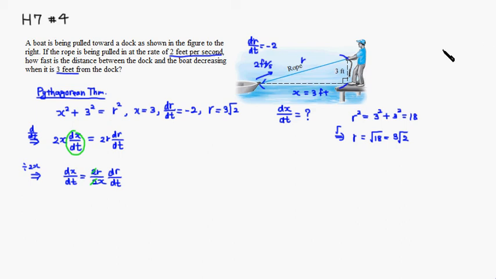Then plug in what we already know. r we just found to be 3 square root of 2 feet, divided by x, which is given to be 3, and dr over dt is -2. Then clean it up: the 3 and 3 cancel out, and you have -2 square root of 2 feet per second.